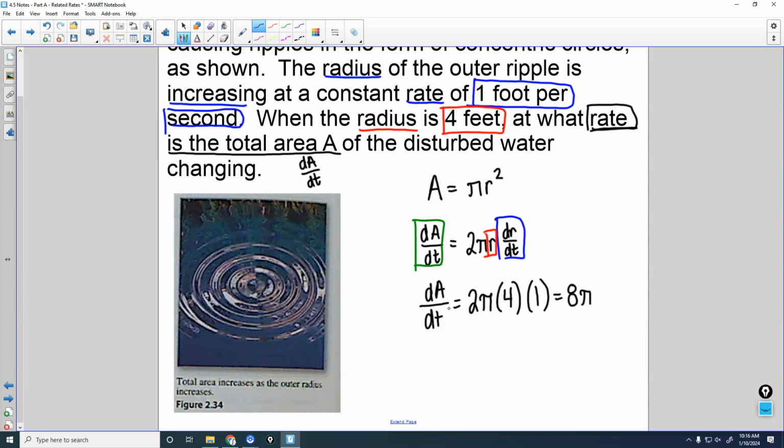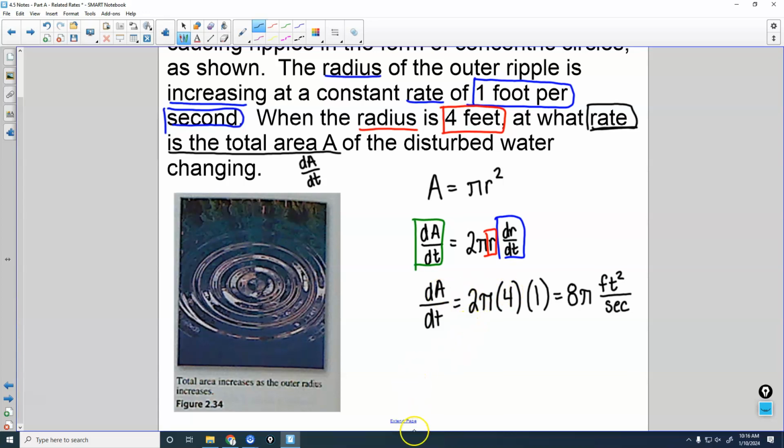Almost. Again, almost. Feet squared per second, because area is going to be measured in square feet and time is measured in seconds. If we had feet per second squared, that would be like an acceleration, which would be different.